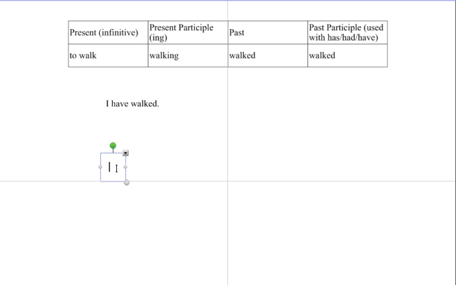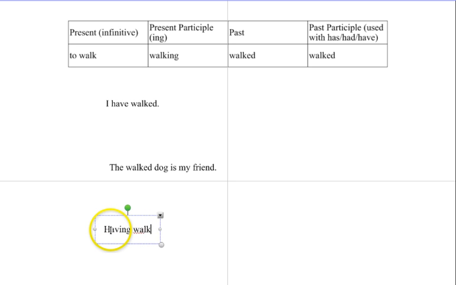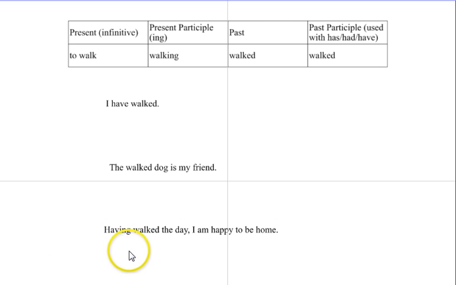I could say, "The walked dog is my friend." Now I'm using it as a participle. And I can also use it in a participial phrase: "Having walked the dog, I am happy to be home." So now I have my past participle, but I'm using it in a phrase.